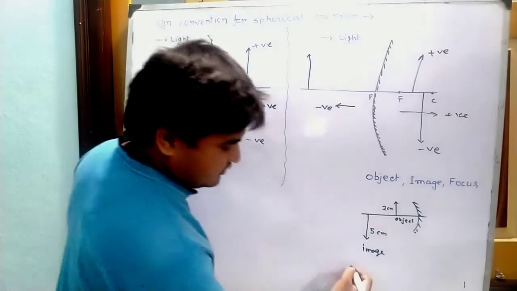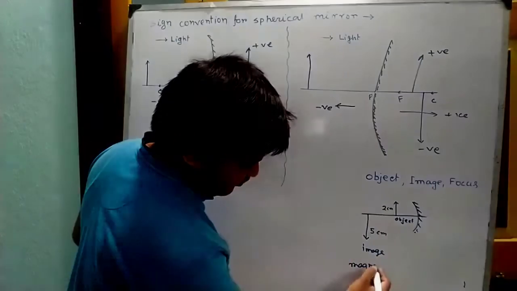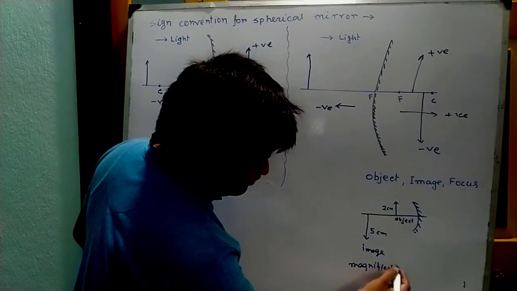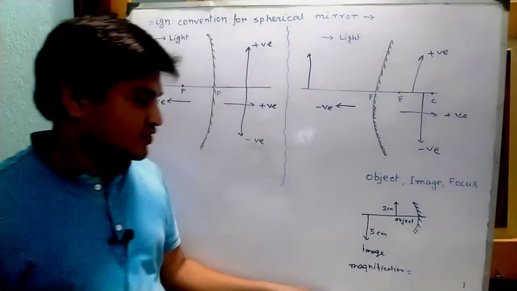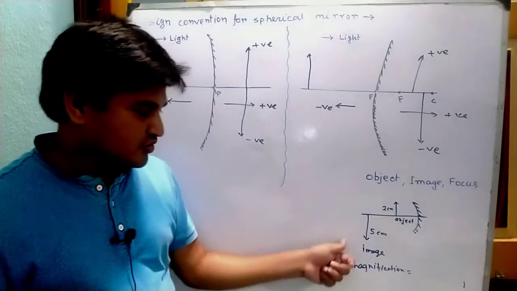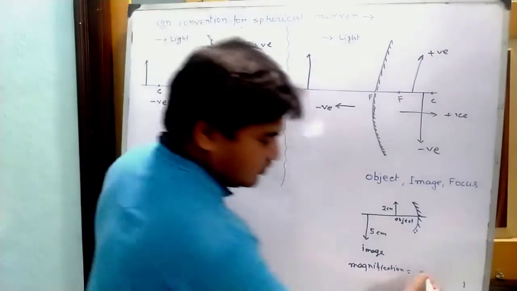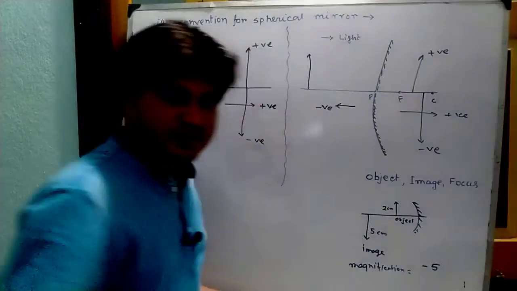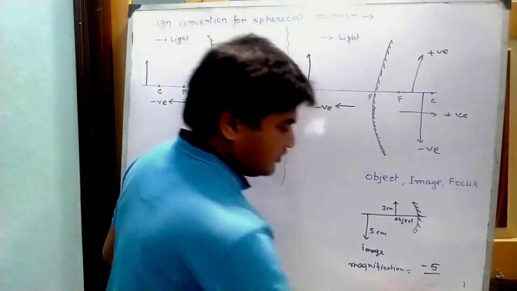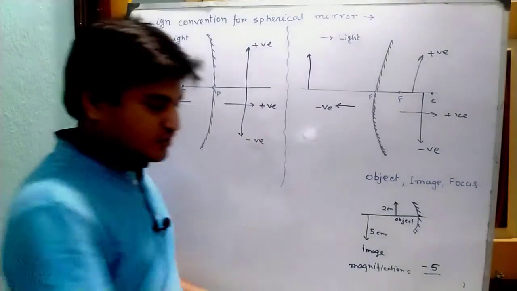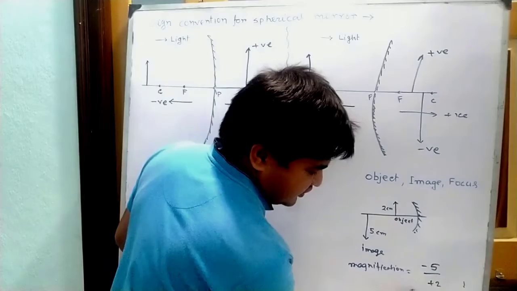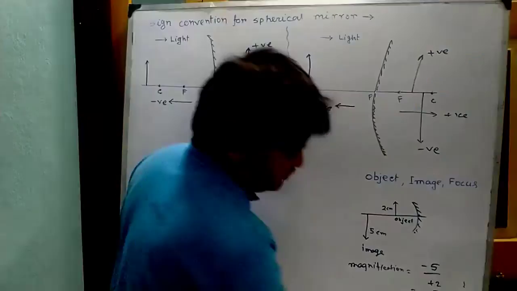So magnification is a term used here: image height by object height. So image height equals 5 centimeter, but it is in the downward direction, so we will write -5. Object is in the upper direction, so object height is +2, that is -5/2.